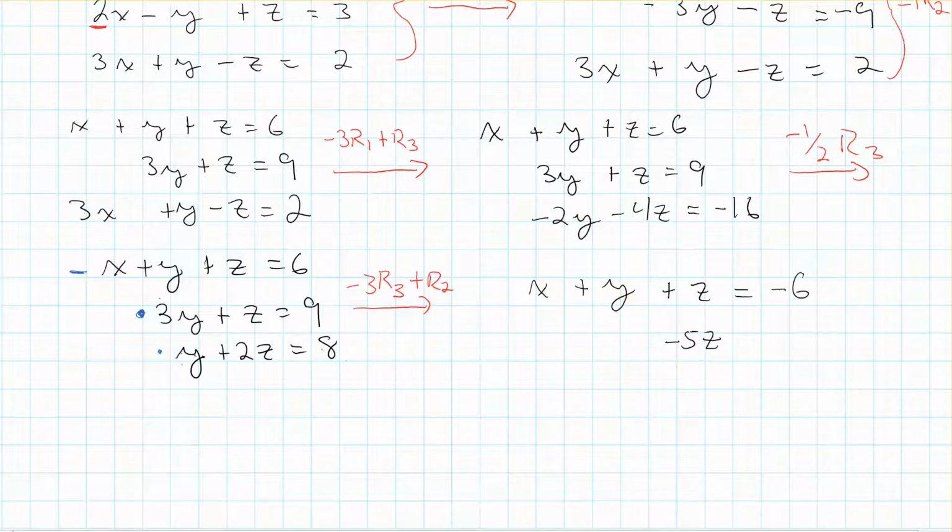And then I have negative 3 times 8, which is negative 24. Negative 24 plus 9 is negative 15. And then the bottom equation I didn't change.